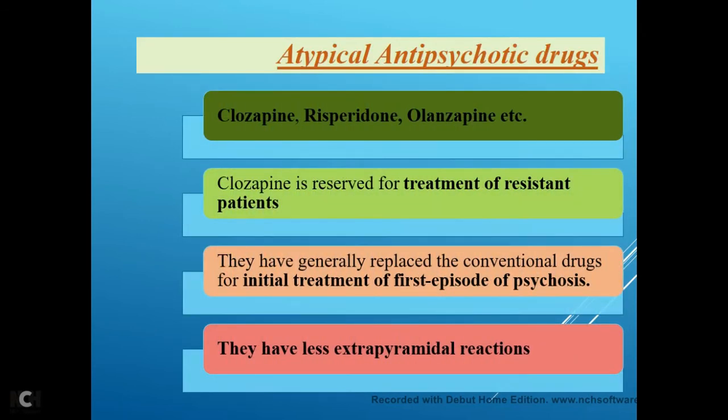Atypical antipsychotic drugs include clozapine, risperidone, and olanzapine. Clozapine is reserved for treatment of resistant patients. They have generally replaced the conventional drugs for initial treatment of first episode of psychosis, and they have less or no extrapyramidal reaction.